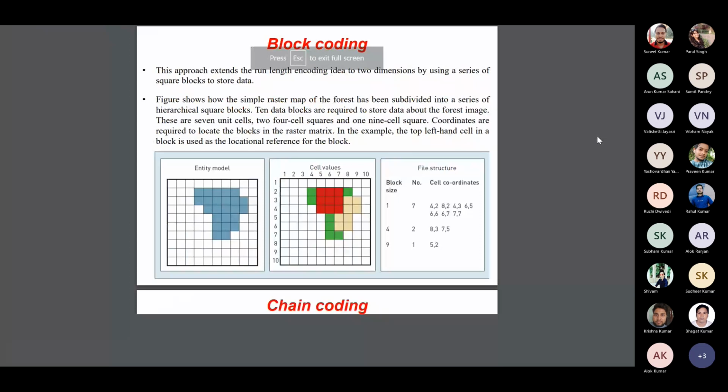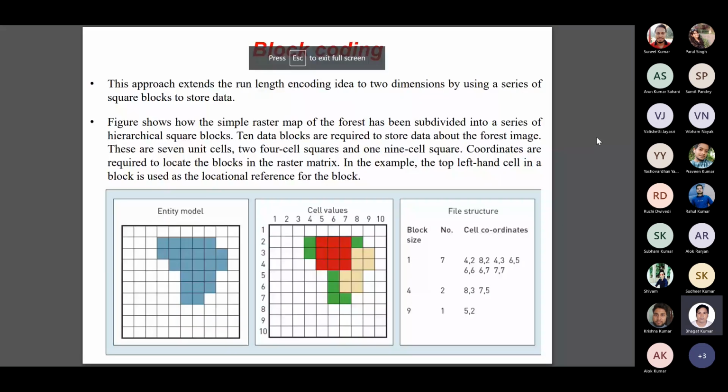Ma'am, there were multiple possibilities, right? So how will we know it is the minimum bit required to encode this one? I'm not getting your question. Yes, there are multiple options, multiple choices, through which you can create the boxes over here.